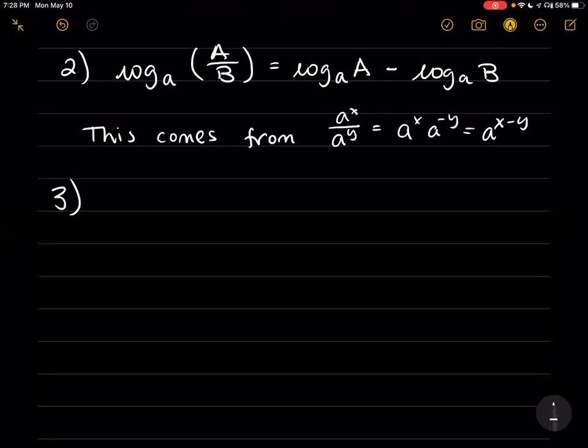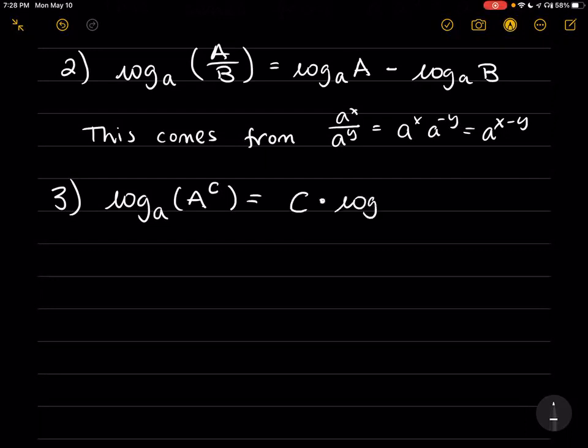The third and final law is you have log base a of a raised to the c power. You can take that power c, and you can drop it down in front of the log, and you can write it like c times log base a of a.